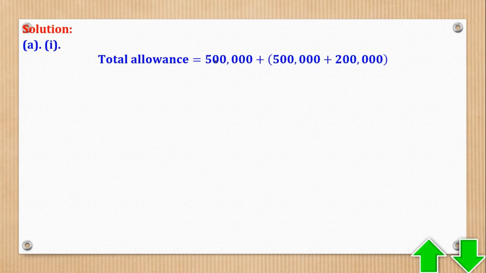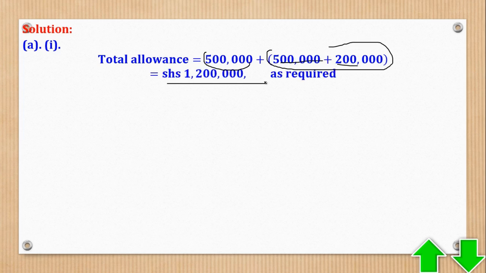So I shall say total allowance, this is for the first, then 11th birthday, and this is for 12th birthday, because it's increased by 200. So initial, which is A, plus D, to give you the final answer as that, and that's what they wanted.